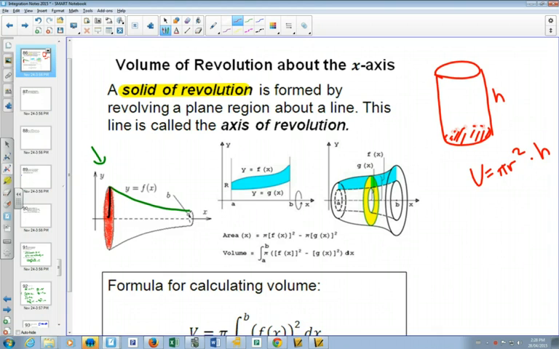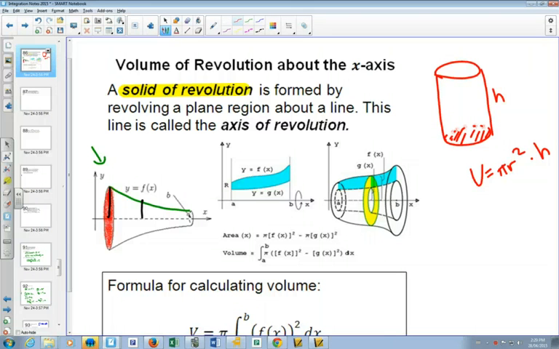We're going to do a similar idea here. I have my one line, I rotate it around, and that gives me one circle. If I take another point on my graph, that gives me another line for y.